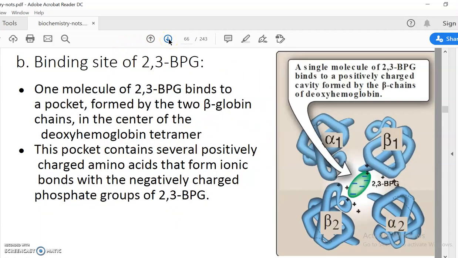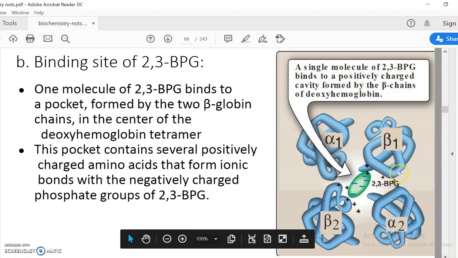Binding site of 2,3-BPG. If we look at the figure here, this is the hemoglobin structure. In the hemoglobin structure, we find beta 1, beta 2, alpha 1 and alpha 2.